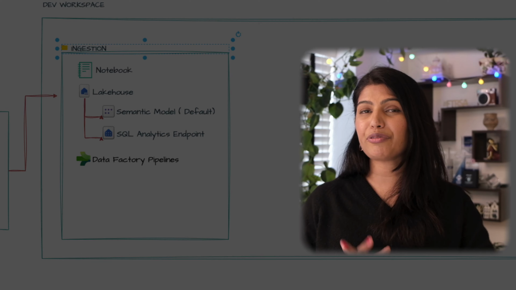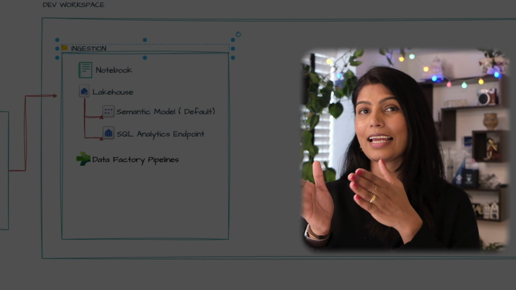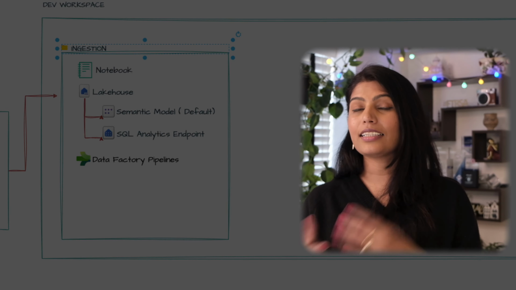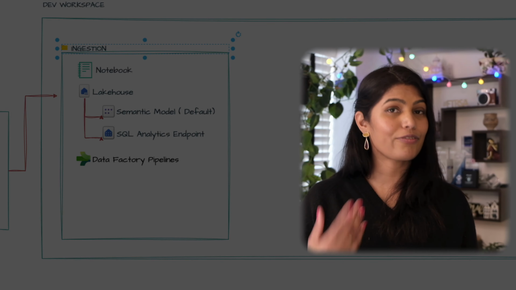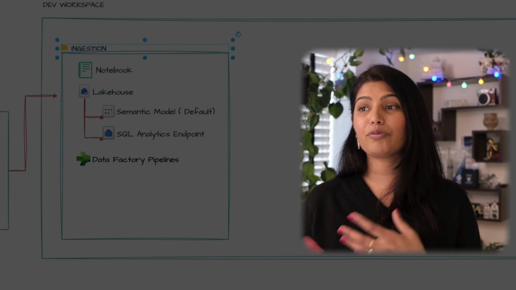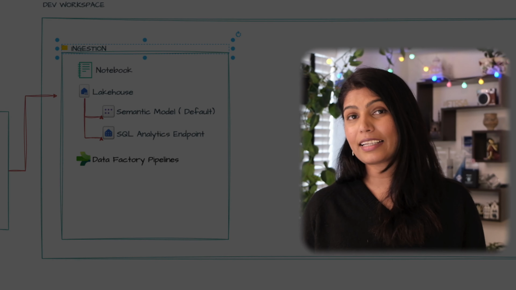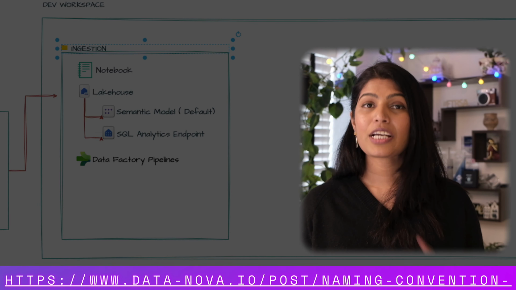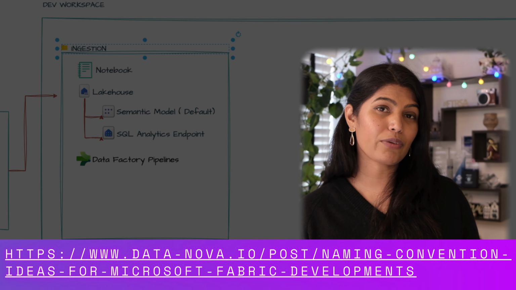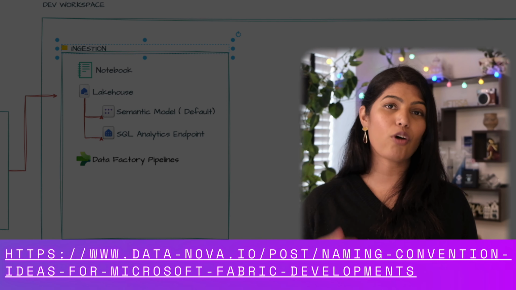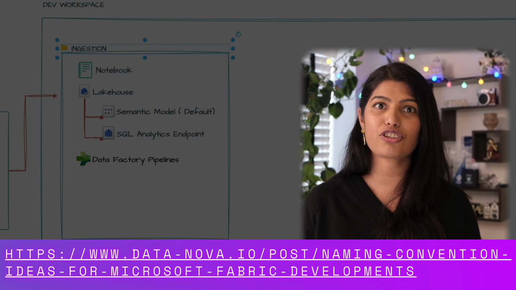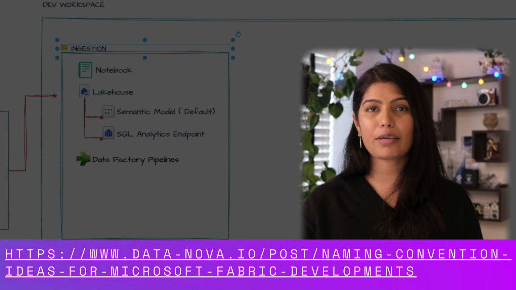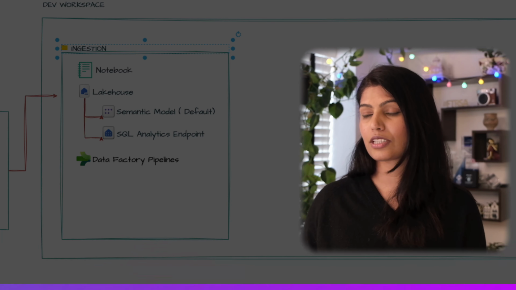So I prefer having all the things in one workspace and categorizing them by using folders within the workspace, and following the right naming conventions makes this whole process much easier. Check out my blog on the naming conventions, how I follow them when I'm creating solutions, and you will see those naming conventions as part of the development as well.